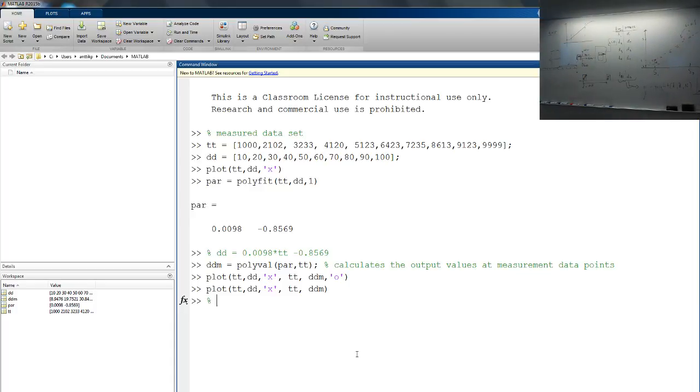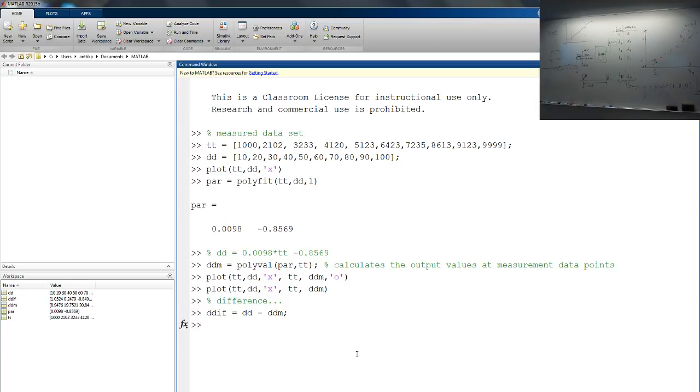So we calculate then the difference. So we have diff equals, so we have the data D minus DDM. That's the difference, just raw difference, okay?